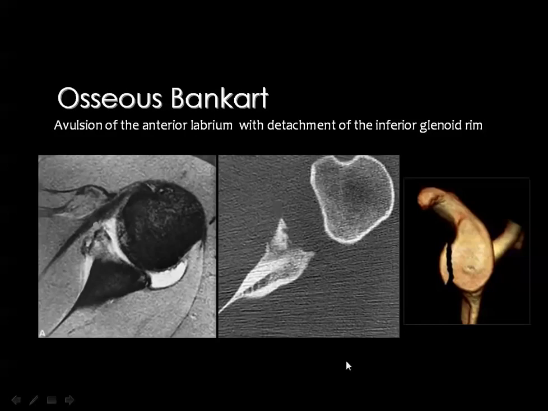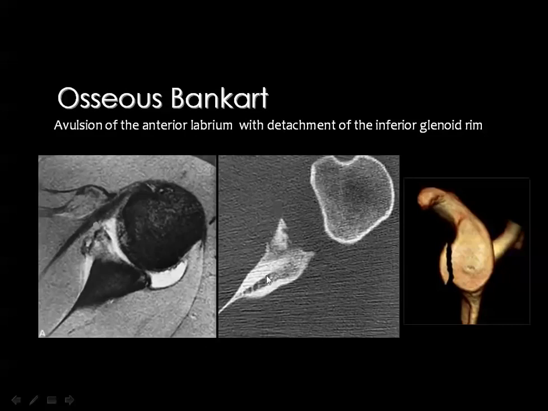If the anterior glenoid labrum has been torn, and the part of the glenoid which is attached to the anterior glenoid labrum is also fractured, then you call this an osseous Bankart lesion.